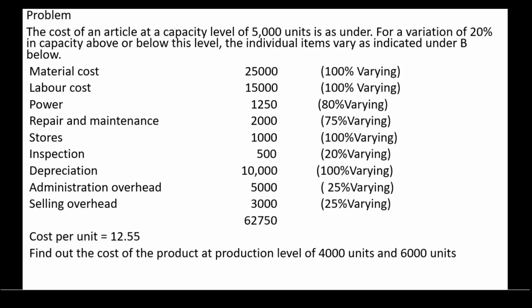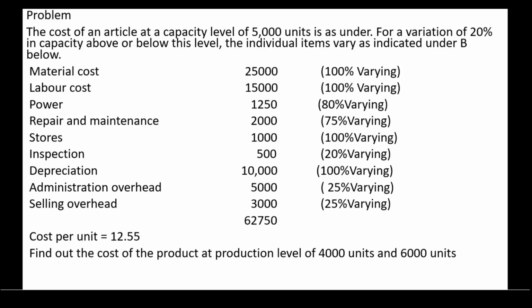For a variation of 20% in capacity above or below this level, the individual items vary as indicated under B below. What are the variations above and below the 20%? They are mentioned here.